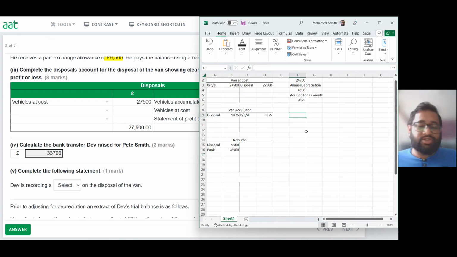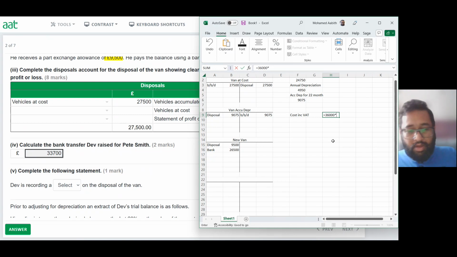Let's show that here. So the cost, including VAT, is going to be 36,000 multiplied by 1.2 or 120%, it doesn't matter.